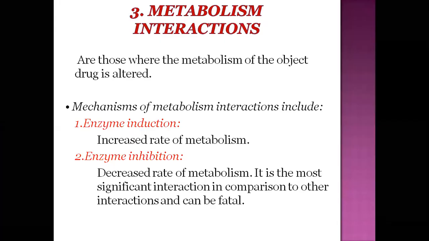Generally, whatever the alterations of object drugs, we study in the metabolism interactions with the help of some enzymes, either enhancing the metabolism rate or some enzymes inhibiting the metabolism rate of object drugs. These metabolism interactions are further classified on the basis of enzyme actions.